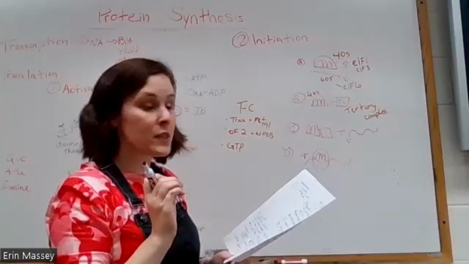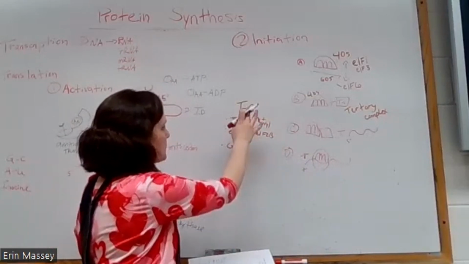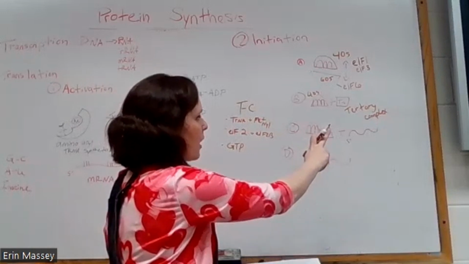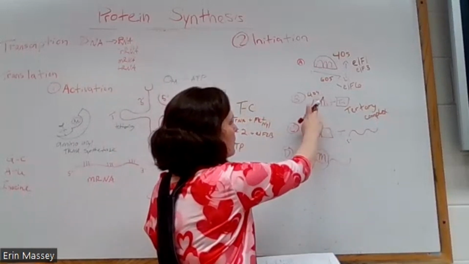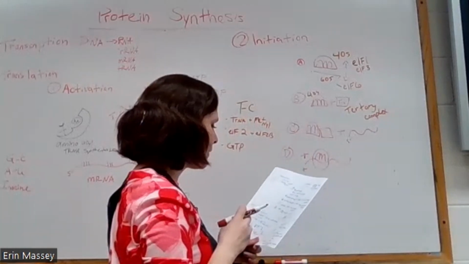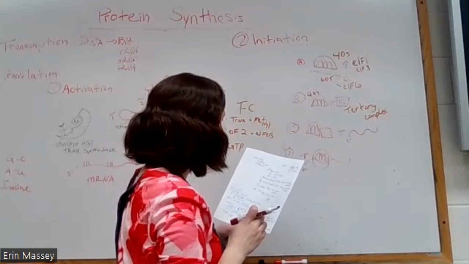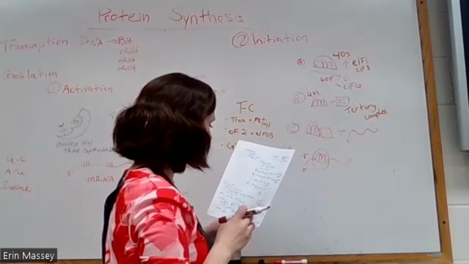So for step 2 of initiation, along with the factors that are aiding in it, you combine ternary complex with the top part of your spaceship, ribosome, 40S. That's part 2.